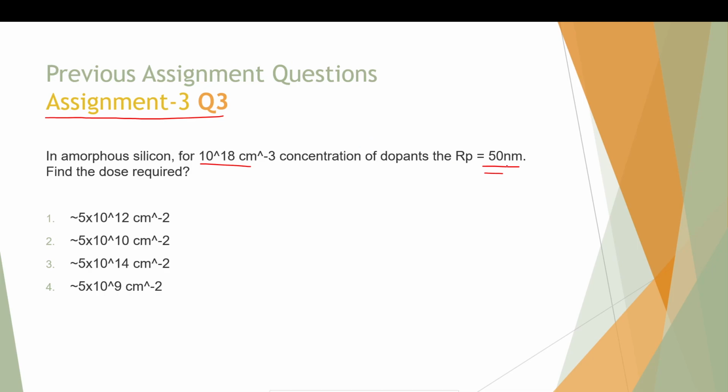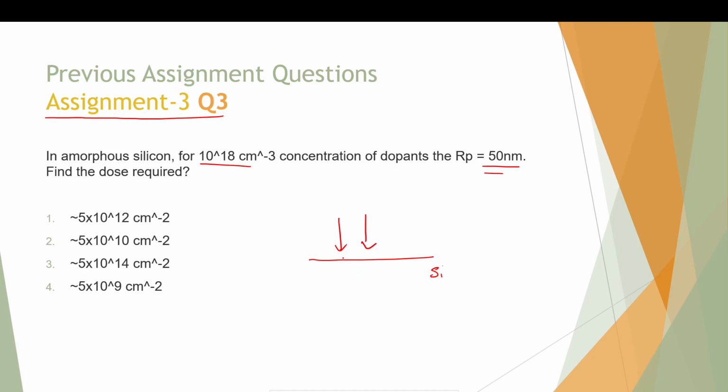By projected range, we basically mean the range up to which the dopants go. This is my amorphous silicon, say, and I am putting dopants in it.